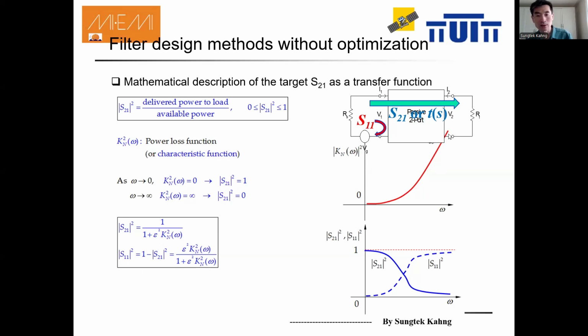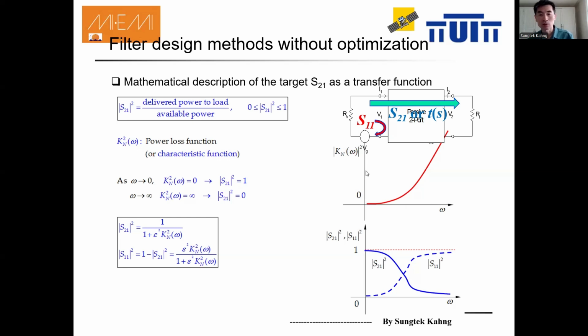Kn is looking like this, but Kn coincidentally seems like the behavior of S21 square. When Kn is getting large, what S21 becomes, sorry, it's just a kind of flipped image or mirror image of Kn with reference to the omega axis.